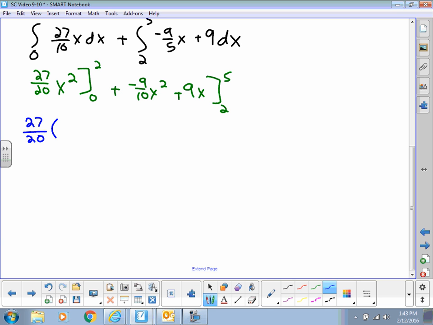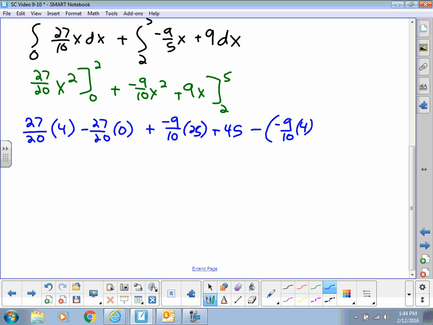So we'll have 27 over 20 times 4, really, because that's 2 squared, minus 27 over 20 times 0, plus negative 9/10 times 25, plus 45, because that's 9 times 5. And then minus negative 9/10 times 4, because that's 2 squared, plus 18. And if you punch that in, you will end up getting either 13.5 or 27 over 2.